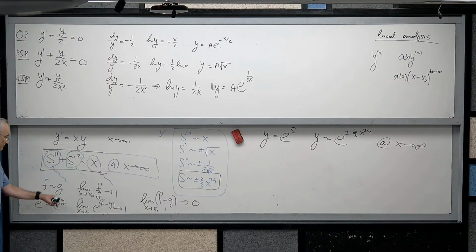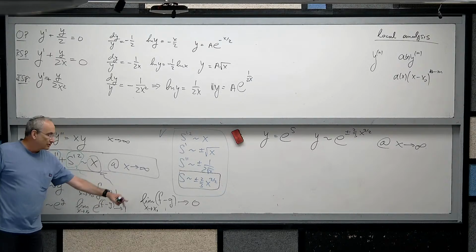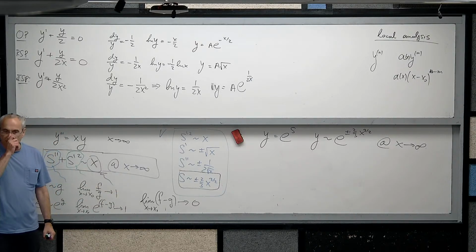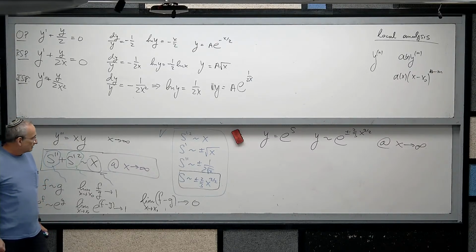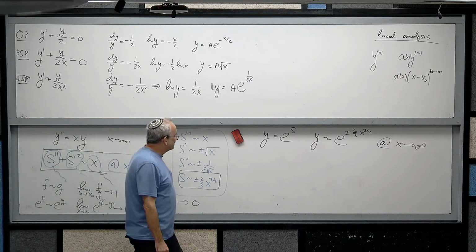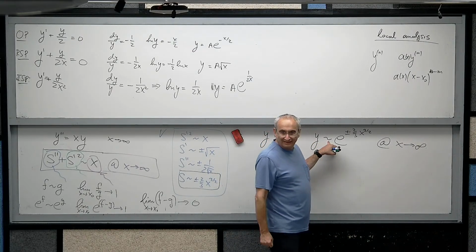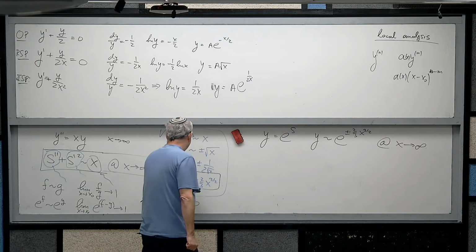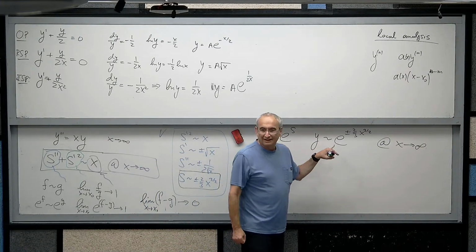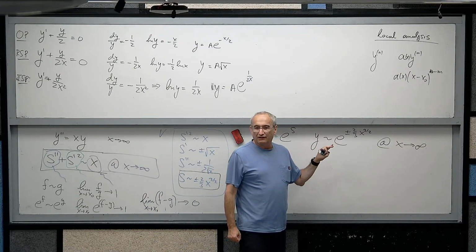This implies that only if f minus g goes to 0 as x goes to infinity or x goes to x naught. So saying that this implies that is a jump that we have to justify.